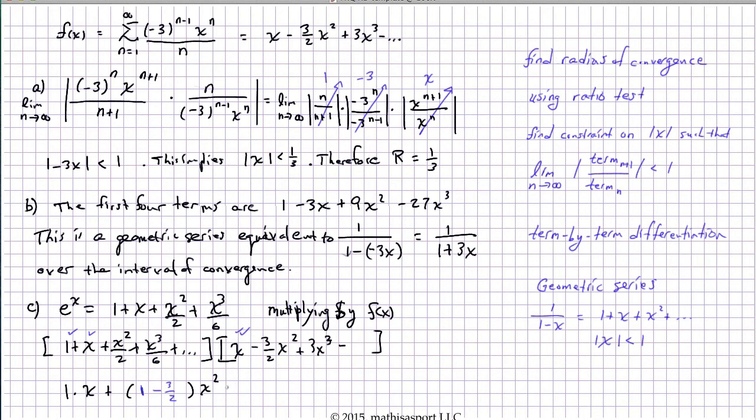Now we'll find the cubic term. Where are we going to get those terms? Well, 3x cubed times the 1 will give us one of those terms. So put the 3 here. And how else are we going to get an x cubed term? Well, we're going to get it from the x times the negative 3/2 x squared.